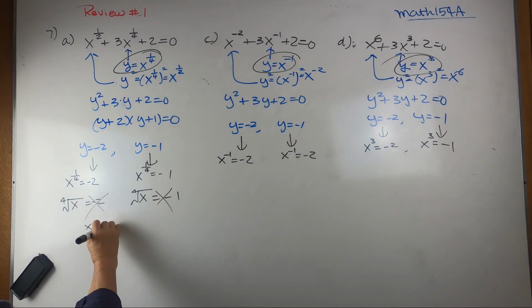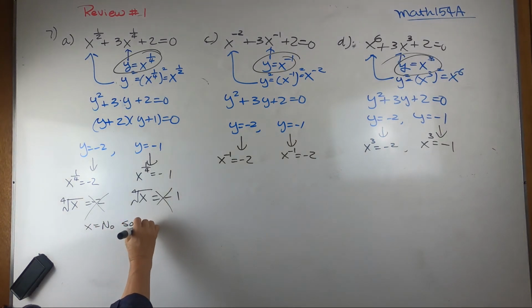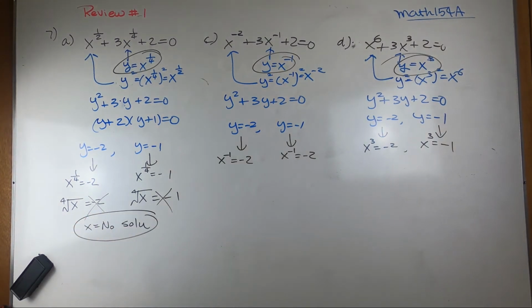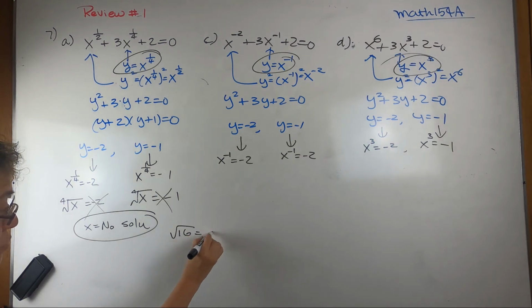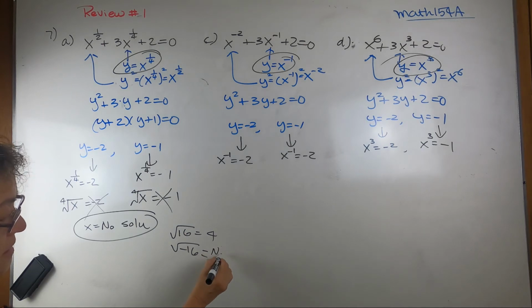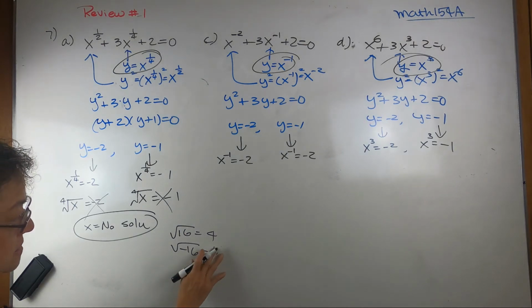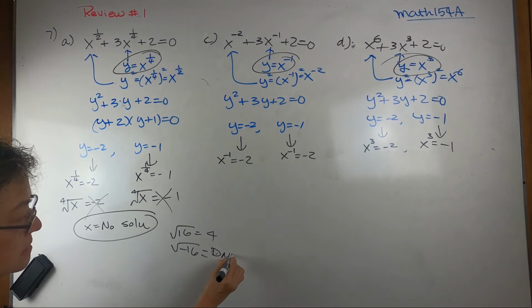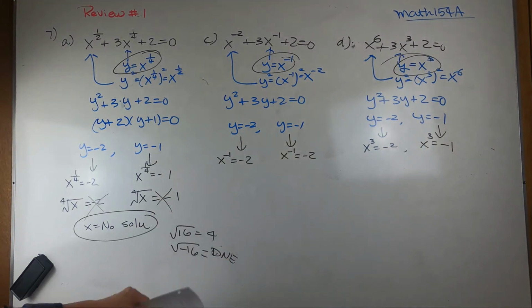So x is what? No solution. Even root cannot be negative. So remember, the square root of 16 equals 4, but the square root of -16 does not exist, right? It's not a real number. Either way, it can never be negative after even radicals. So it's no solution.